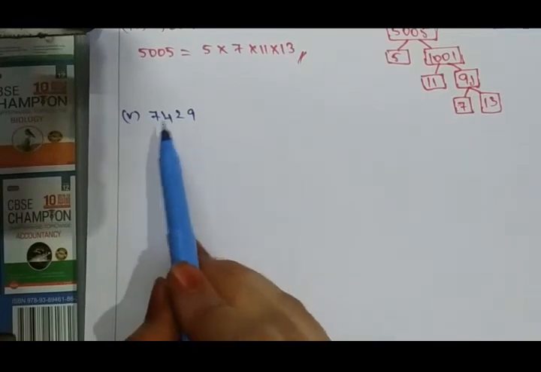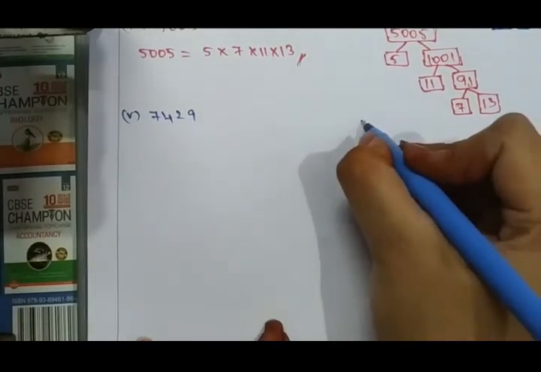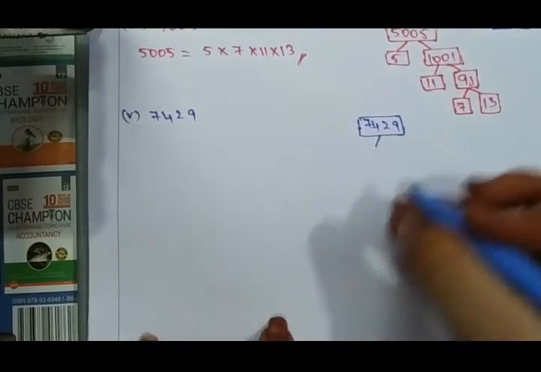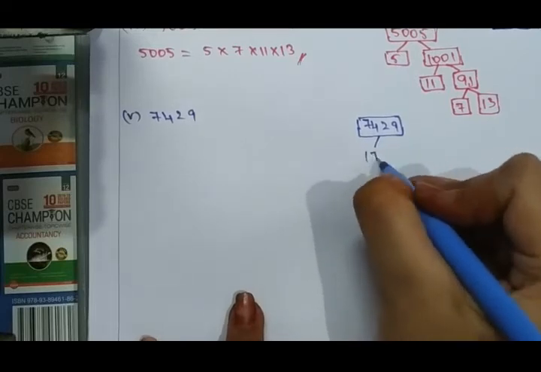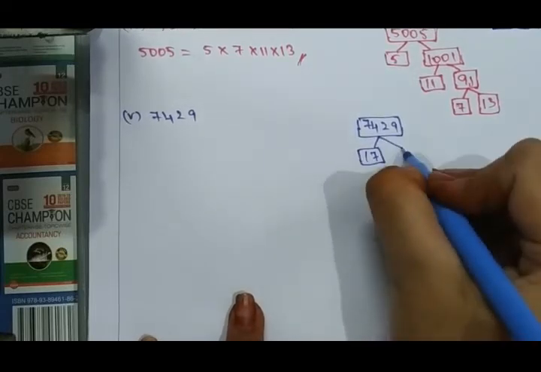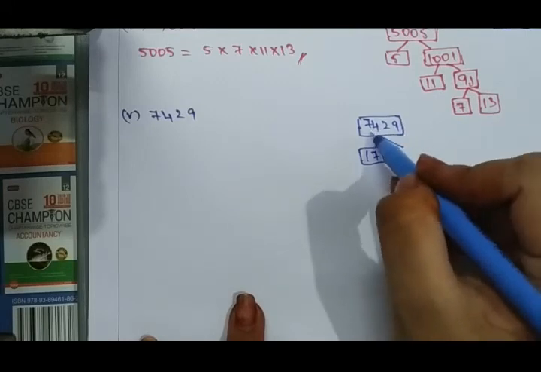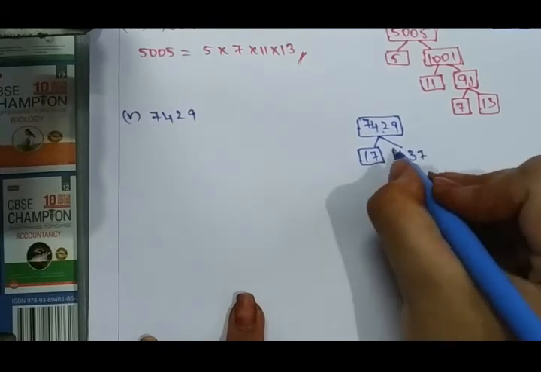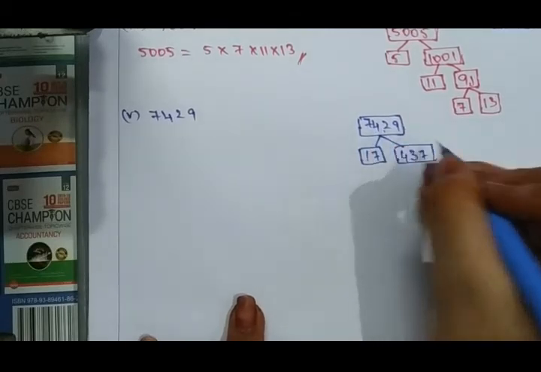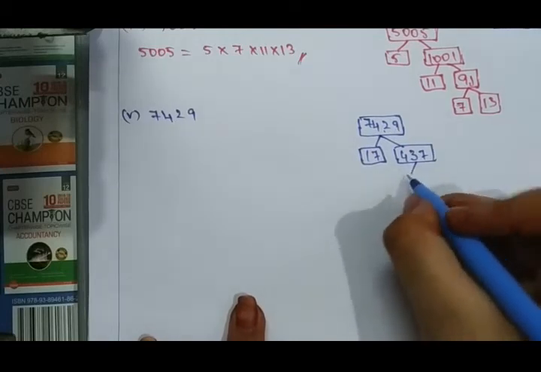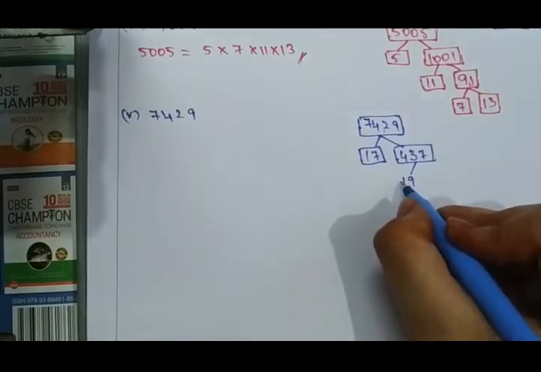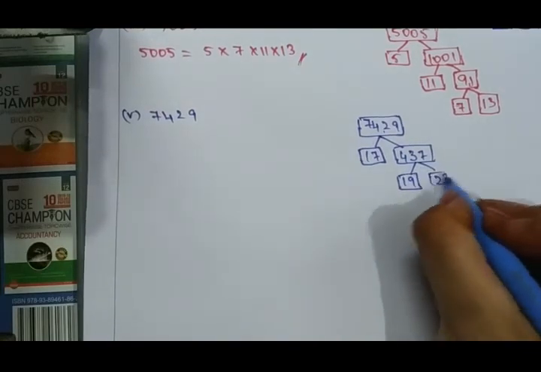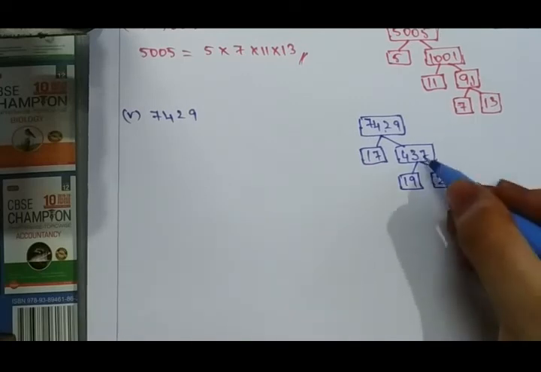Fifth subdivision is 7429. So the 7429 can be written using factor tree. So using 17 into 437. 17 into 437 makes 7429, and this 437 can be written as 19 into 23. 19 into 23 makes 437.